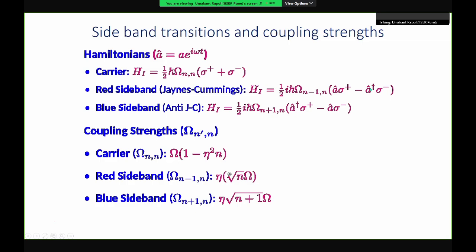For the red sideband, it goes as the square root of n, where n is the harmonic oscillator energy level. And for the blue sideband, it goes as the square root of n plus 1. Of course, there is the Lamb-Dicke parameter here. So the coupling strength depends upon the Lamb-Dicke parameter. The higher it is, the more the coupling, basically.